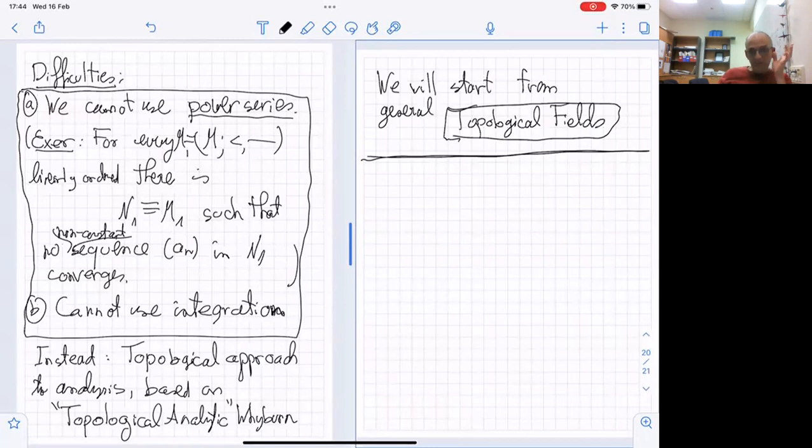We will get for free the local general theory of complex analysis using o-minimality, and we will see why next time.